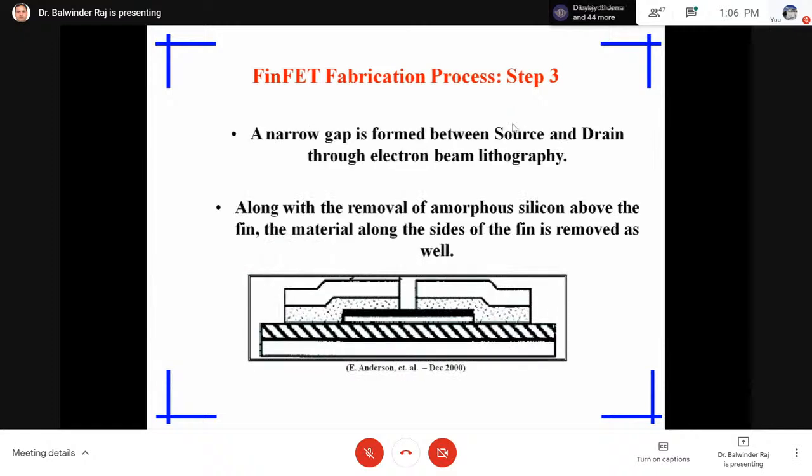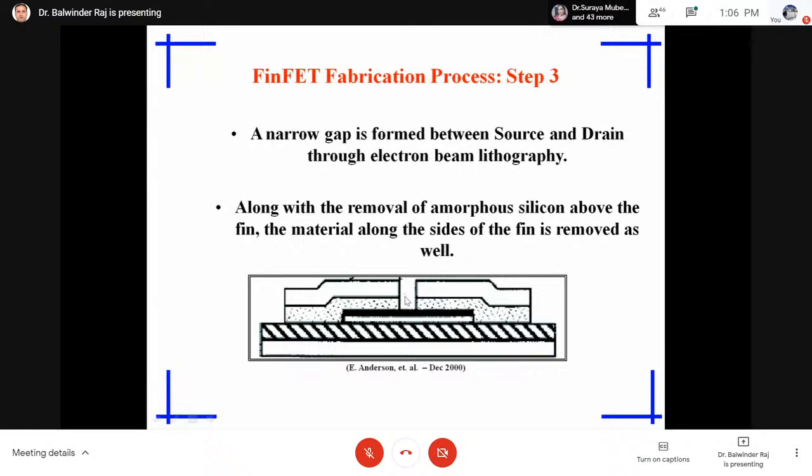Then the next, third step is to make a narrow cut in the channel, as in the IBM structure of FinFET proposed by IBM. We have seen in the gate structure there is a cut at the center, and this is wrapped around with the help of some nitride material.